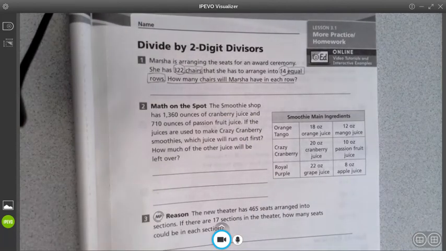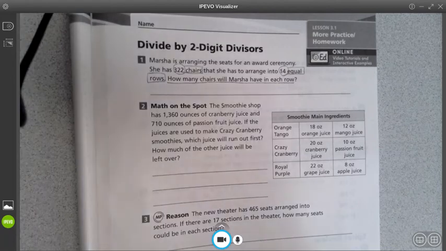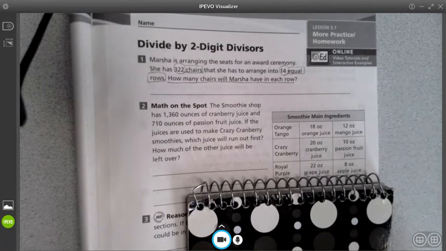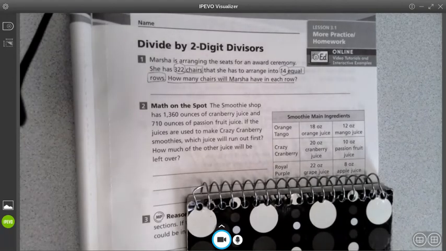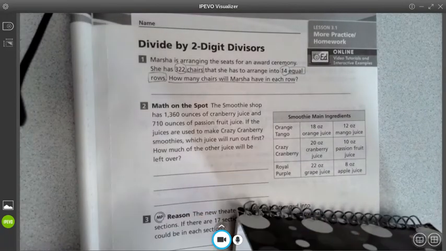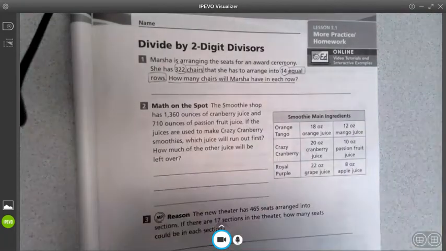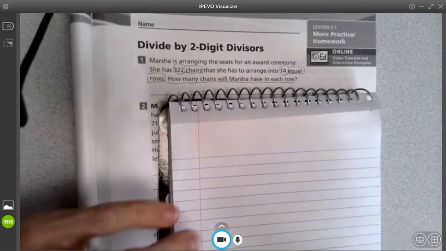So that's our clue right there. Equal rows gives us some good information and a good hint about what we're going to be doing, which is dividing.